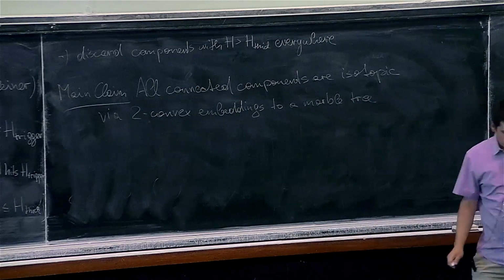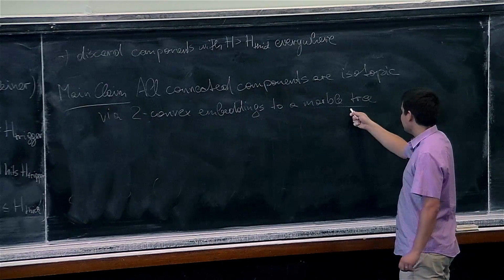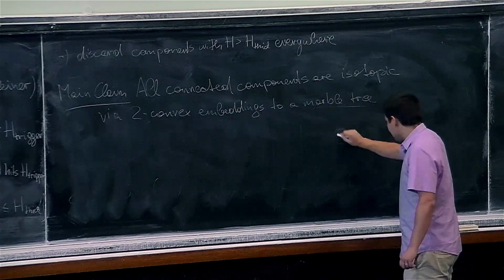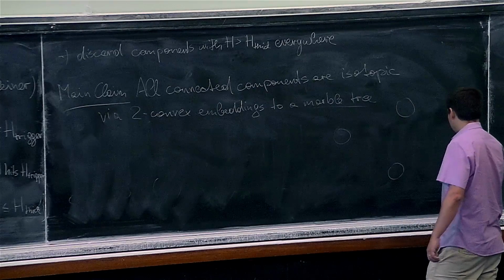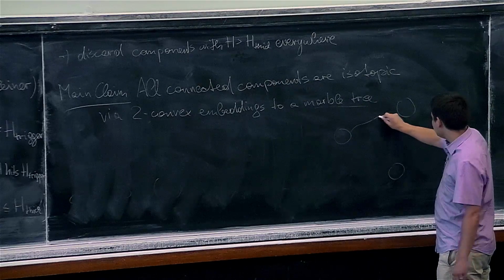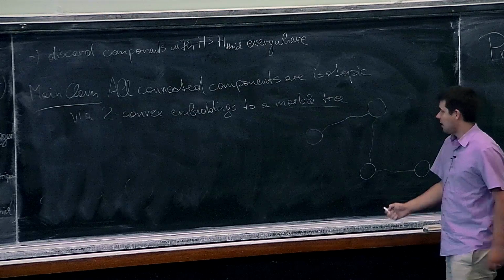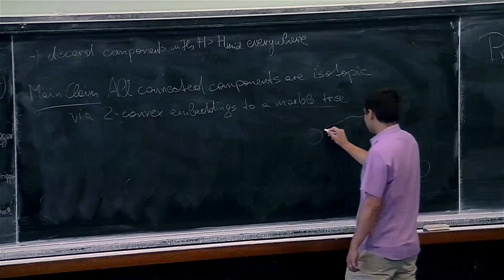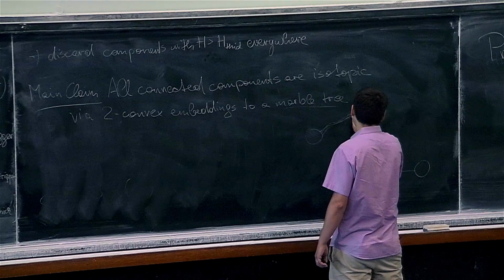Okay, so let me say what is a marble tree. So marble tree is something very, very explicit. So that's you take some round spheres and some controlled curves between them, and then you glue it along those tubular neighborhoods. So this comes with some explicit model.